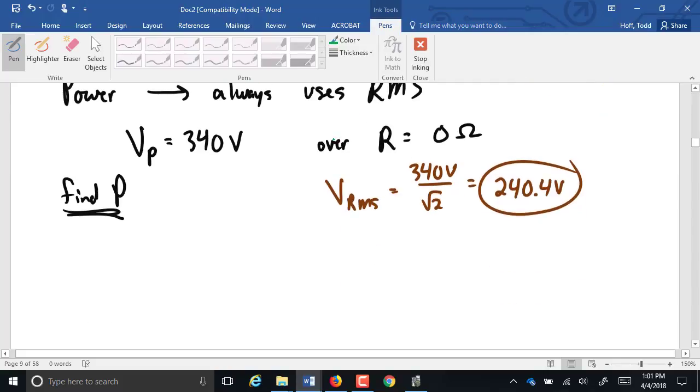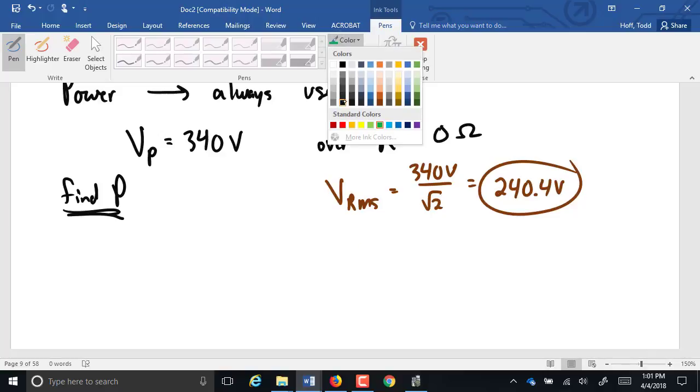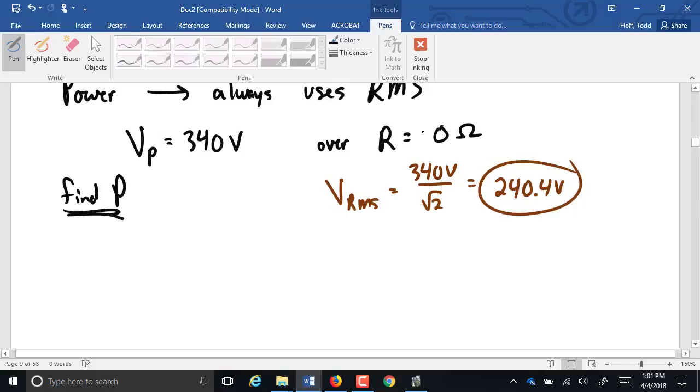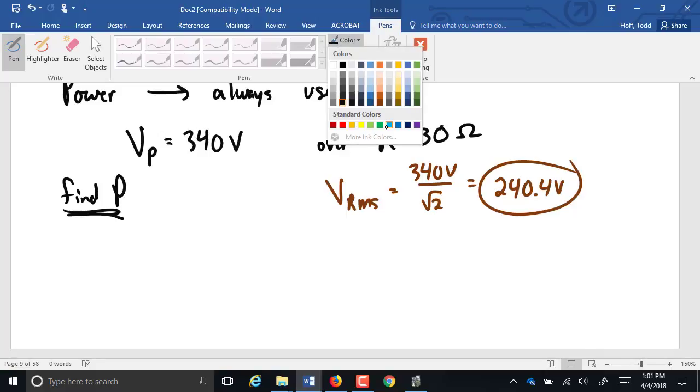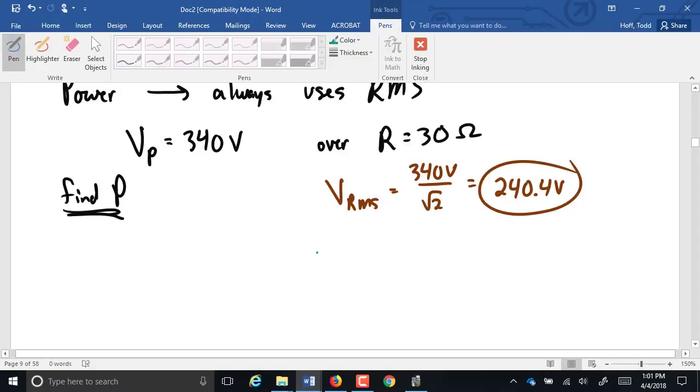In most applications, you probably would just round it, by the way. Then we need to find our current. So what did I say for ohms here? It disappeared on me. Did I say 30? Okay. We need to find our current then. V equals IR. 240.4 volts equals I times 30 ohms.